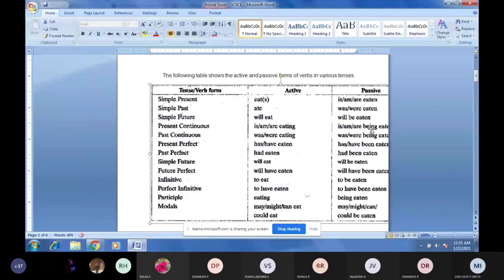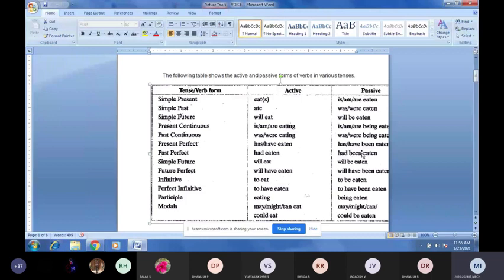That's all. So now you might have come to the conclusion: a passive sentence means auxiliary plus past participle form. This past participle, the third form of the verb, is common. Only the change will occur in the auxiliary.